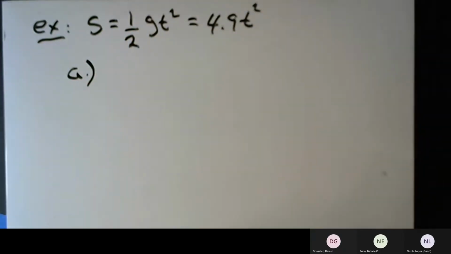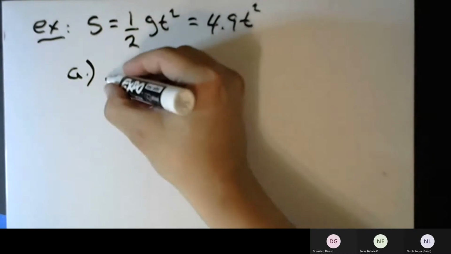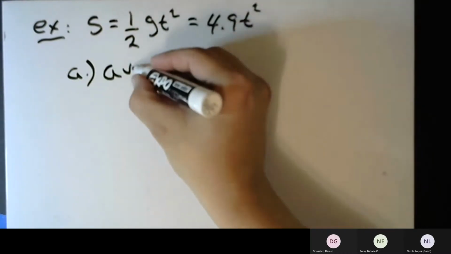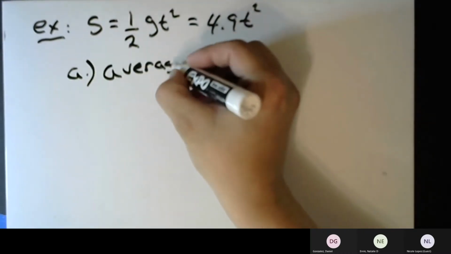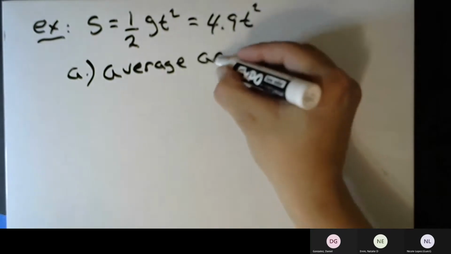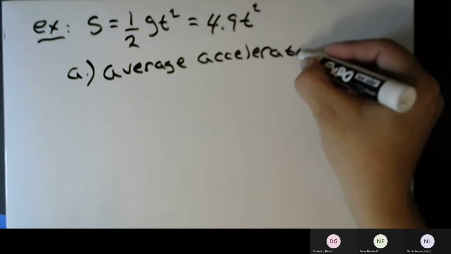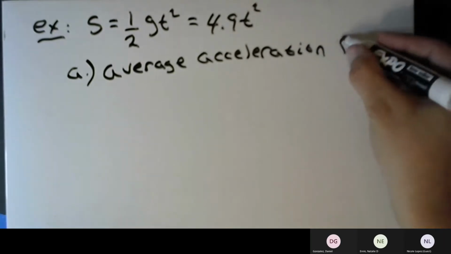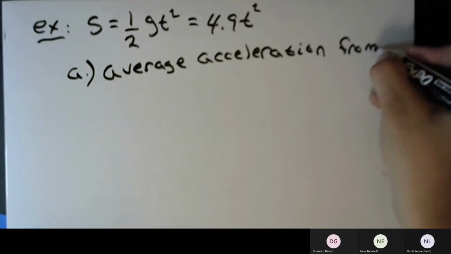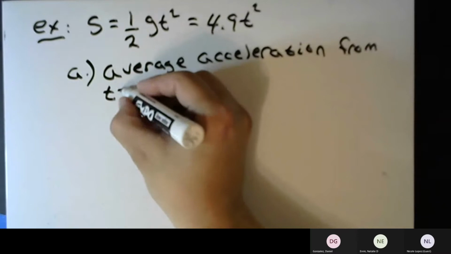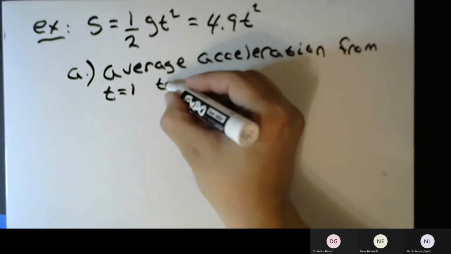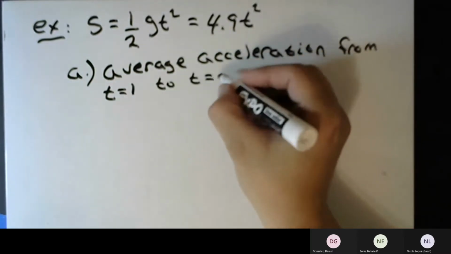So for A, let's find the average acceleration from t equals 1 to t equals 3.